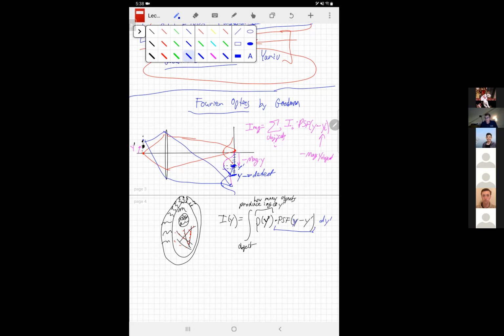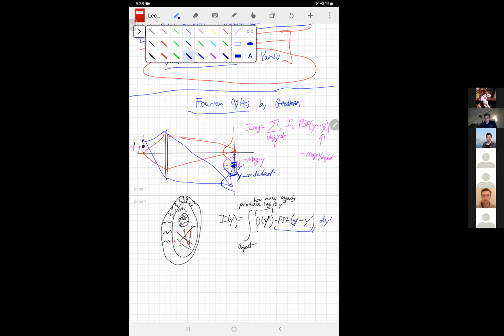Then I add up over all of the y prime values, because after asking how many things could produce an image centered right here, I then ask how many things could produce an image centered right here. And now I've got a different y minus y prime. So I have to say, okay, this point y where I'm detecting, how strong is the PSF tail when I'm a distance away given by this y minus this y prime?